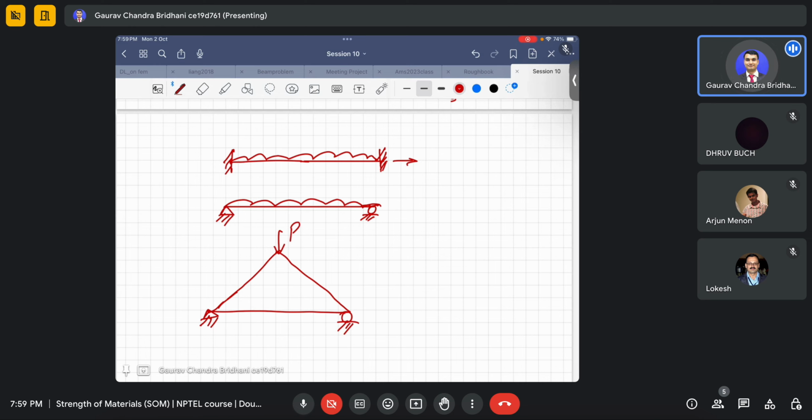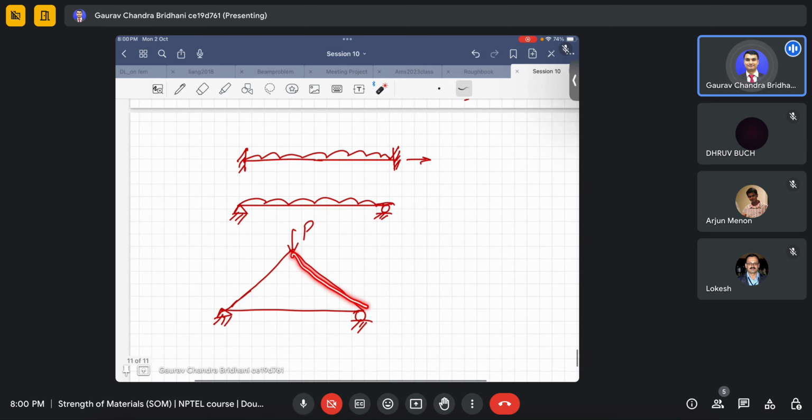I analyzed the truss, found the length of each member, and asked the fabrication person to fabricate this length, this length, this length. I gave the dimensions. He fabricated and brought it to the site where it was to be assembled. Now while assembling, I found that this edge was a little longer than my requirement, say by 5 centimeters.